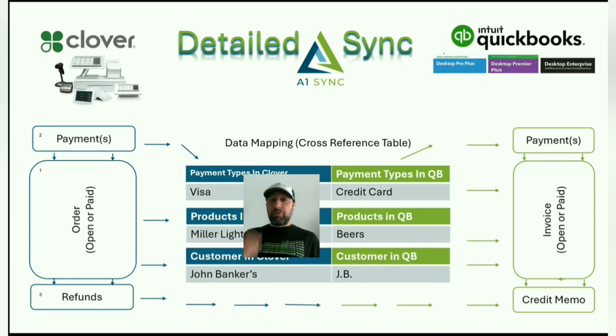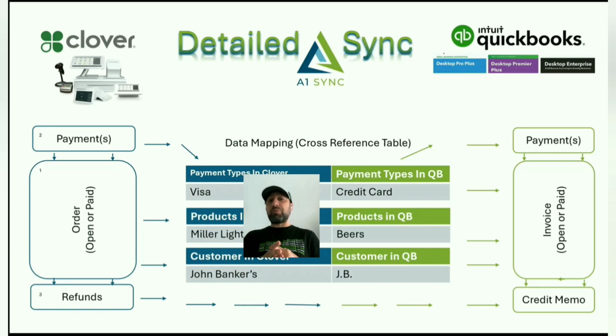That's another thing that I've sort of neglected to mention here, right? So payment type requires cross-references because in Clover, you have Visa, MasterCard, American Express. That's a perfect example. In QuickBooks, you have credit card, right? Then you'll create your own tender types to cover your Uber, your Yelps, or your whatever other prepayments, payments, or outside processors.